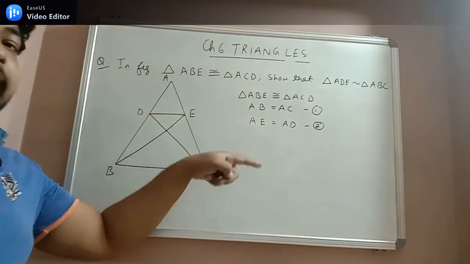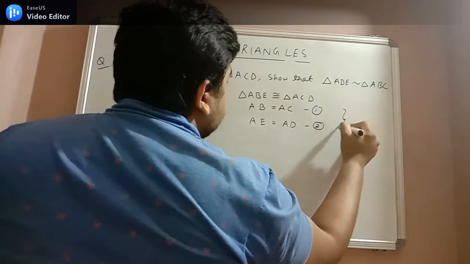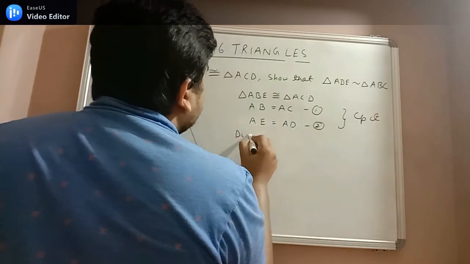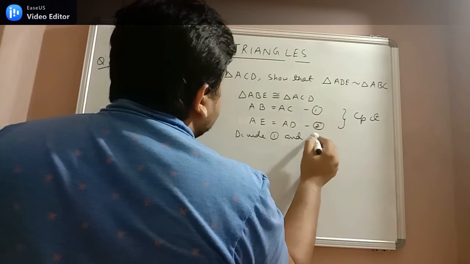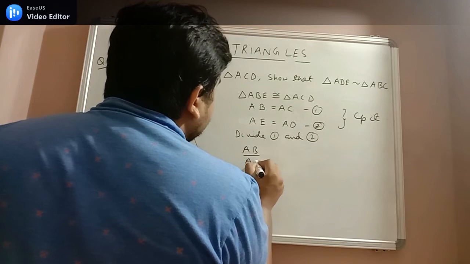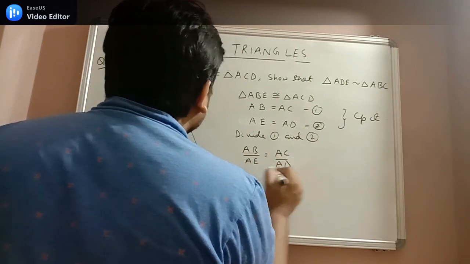Now let's divide these two equations. This is by CPCT. Divide 1 and 2. So we get AB upon AE equal to AC upon AD.